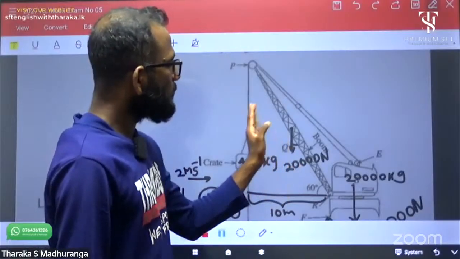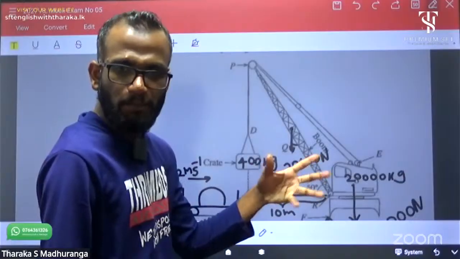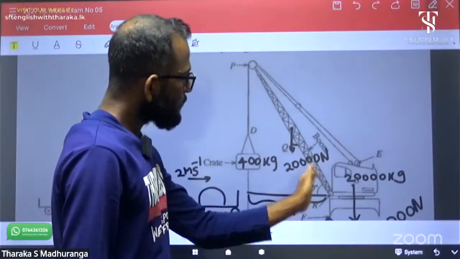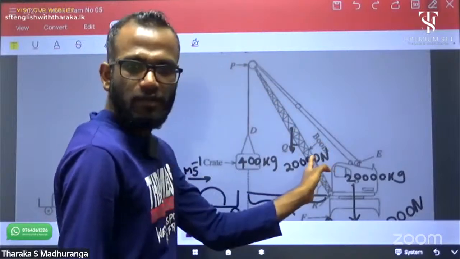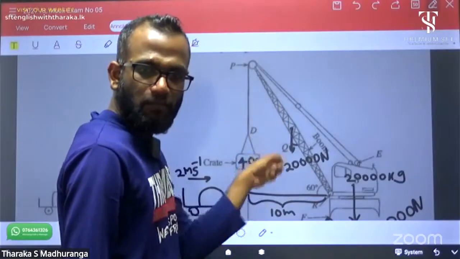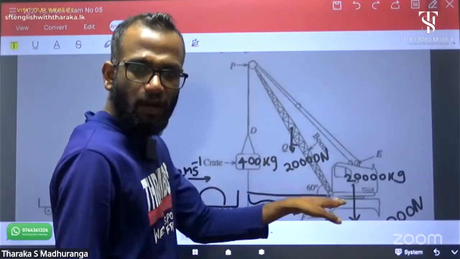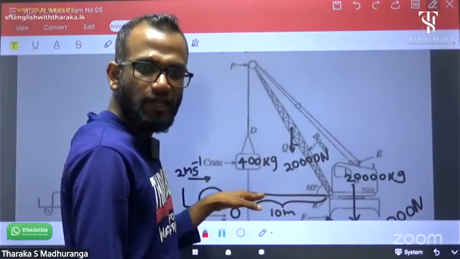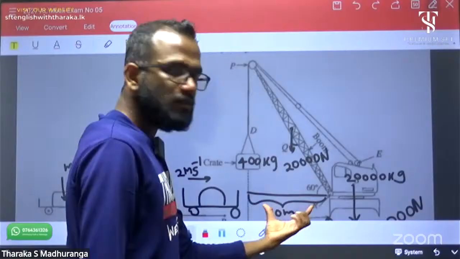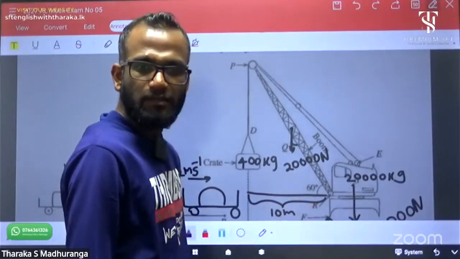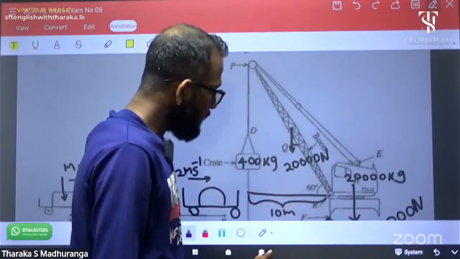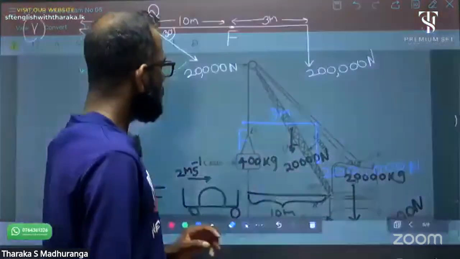Yes, this paper is very simple, simpler than the previous exam. The total length of the boom is 20 meter, but both forces act in the gravity direction, so this is the perpendicular distance, already given. If the boom is 20 meter, what is this perpendicular distance? It's 10 meter. Now you can draw like this.